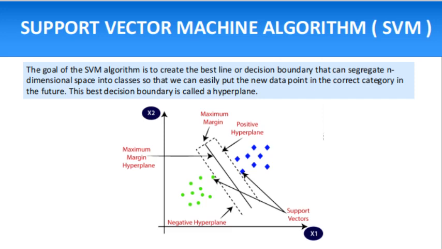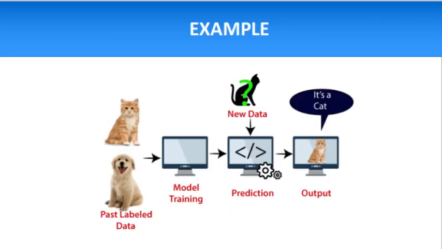If we want a model that can accurately identify whether it is a cat or a dog, such a model can be created by using the SVM algorithm. We will first train our model with lots of images of cats and dogs so that it can learn about different features of cats and dogs, and then we test it with this strange creature.